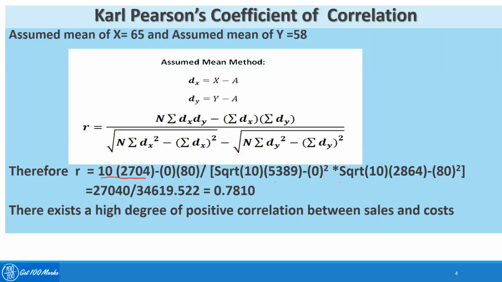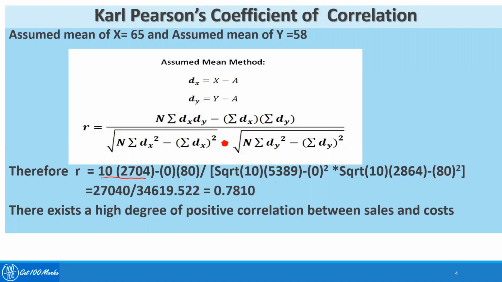Entire thing, this is not minus, this will be our multiplication. So now we will do n, again 10, into summation dy square, which is 2864, minus 80 whole square.